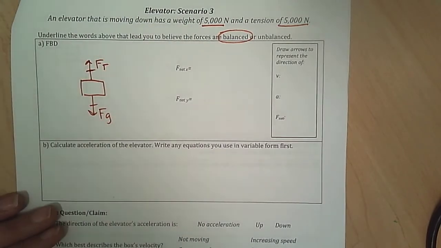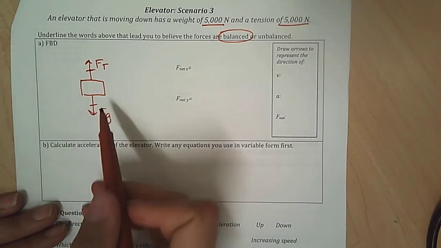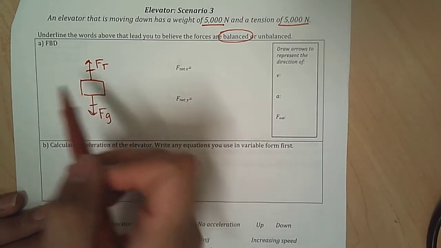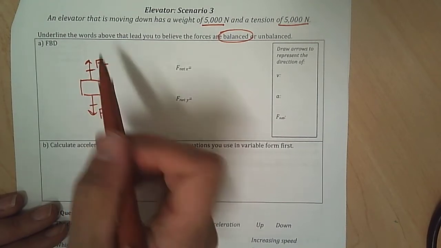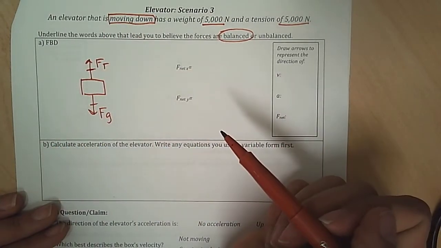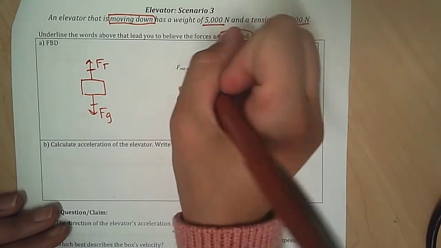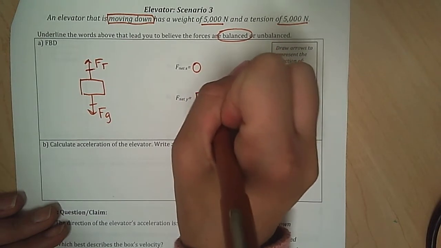Now you might be thinking, wait a minute, isn't this object at rest? Well, remember back to Newton's first law that when forces are balanced, you could be at rest or moving at a constant velocity. So this object's moving, because it says moving down, at a constant velocity. So F net x is 0, no forces right and left. F net y is Ft minus Fg.